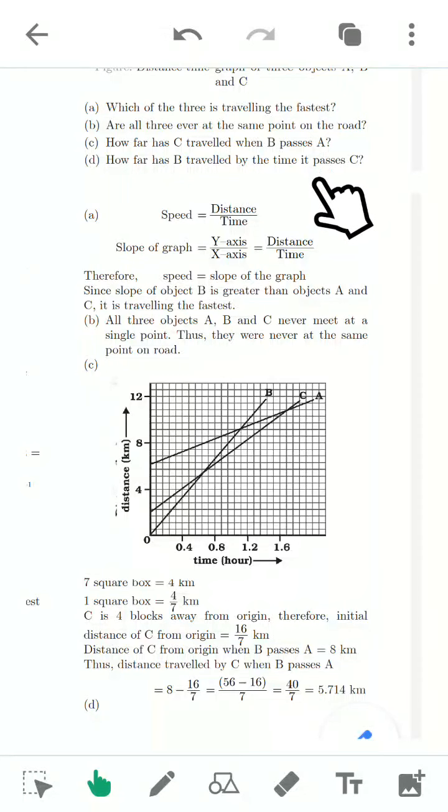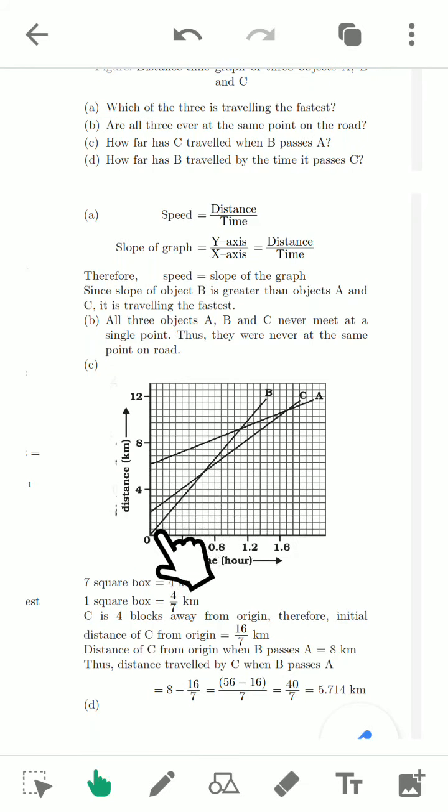I told you how to calculate which of A, B, C has more speed. For that, you know, speed is equal to distance upon time. Slope means the y-axis upon the x-axis, that means perpendicular upon base. That is the slope.